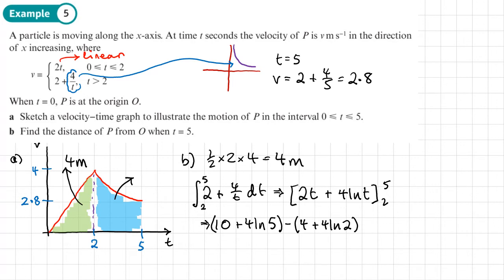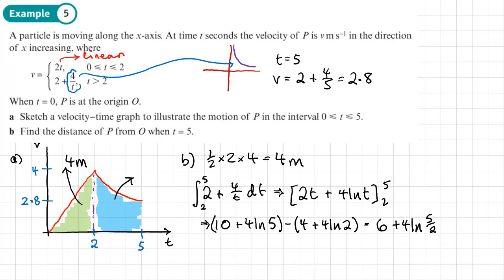We can simplify that, so the 10 minus 4 is going to be 6, and then 4 log 5 minus 4 log 2 is like having 4 lots of log 5 over 2.